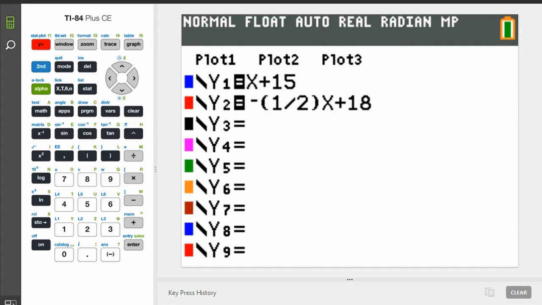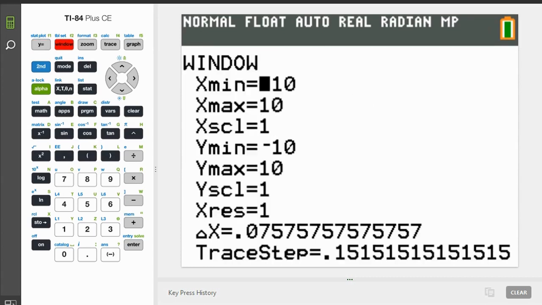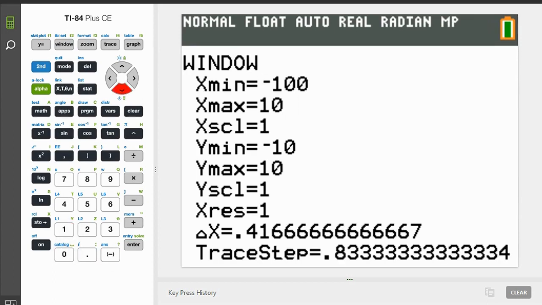So I need to move this graph somewhere where I can see more of this, where I can see where the action is going on. One thing that you can keep in mind is that you can scroll out significantly. You can go from negative 100 to 200 for x, for example.